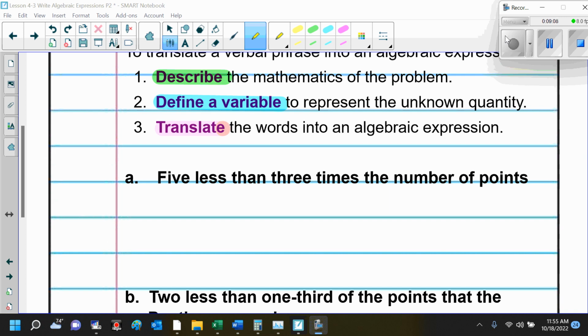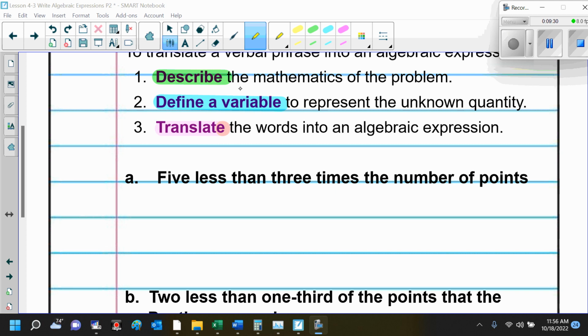Let's take a look at our first example. Here we have 5 less than 3 times the number of points. So the first thing we want to do is describe the mathematics of the problem. So here, 5 less than 3 times the number of points. What operations are we doing?